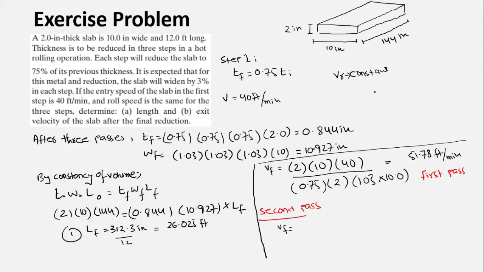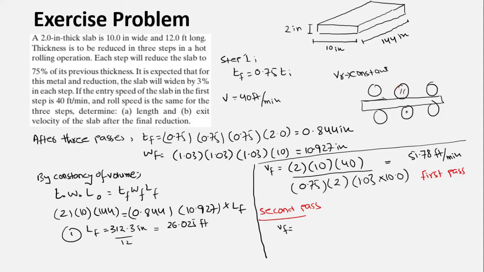You can see here, let's suppose we have a rolling mill. We have the first rolling pair, the second rolling pair, and the third rolling pair. Once it has passed from this roll, its thickness has been reduced.